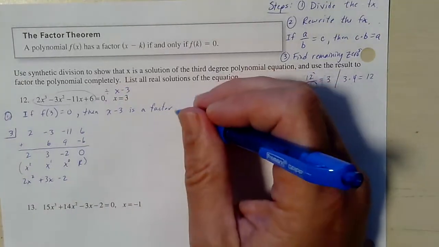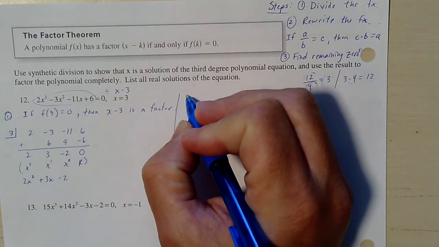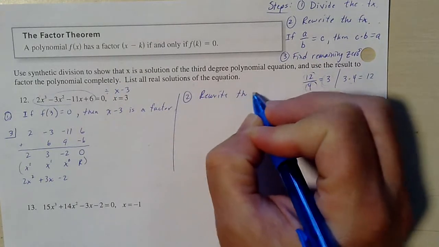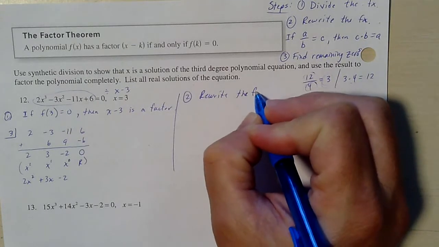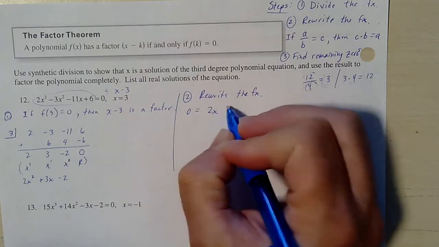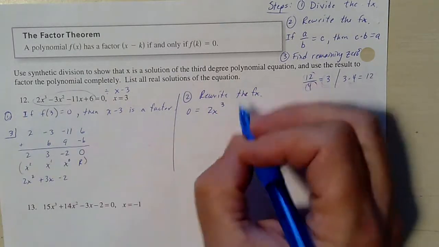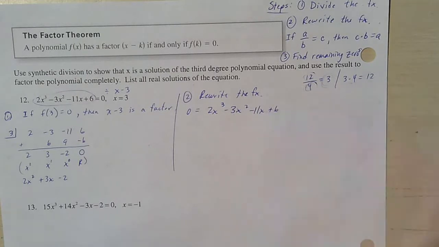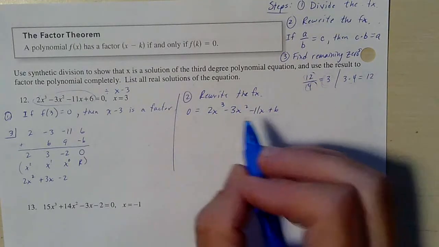Let's try to make this very clear. Step 2, we're going to rewrite the function. You don't have to do this every time, but I'm going to do it at least the first time. I'm going to rewrite that first function that we started with, but now I have a new way to represent it.